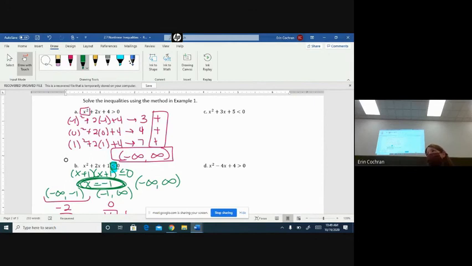What number? -1. So -1 is actually my only solution set. And again, these are our unusual solutions, which is why this is kind of weird. So if it's equal to, we're looking for the values that actually make it equal to. Okay. All right. C, can we factor that one?